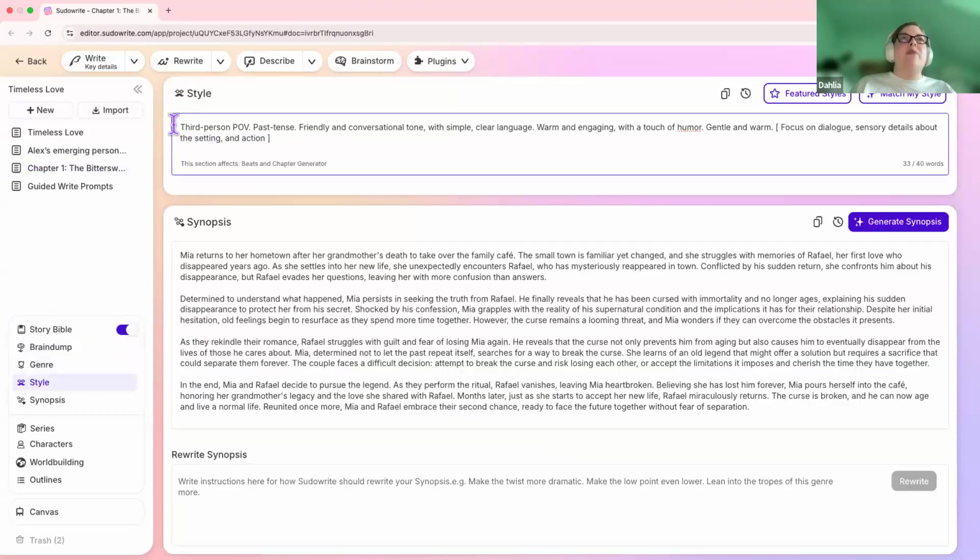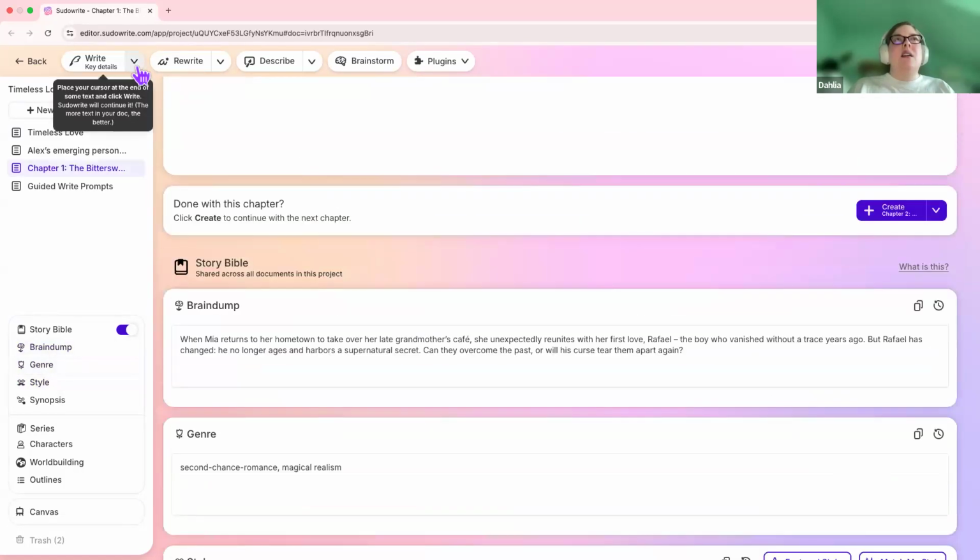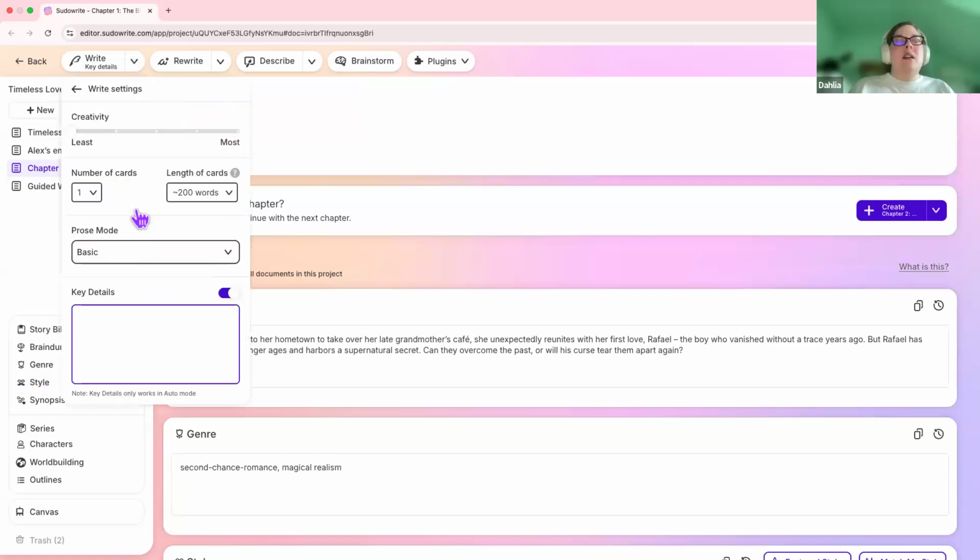So you could also put style information down here so that you can tell it what kind of prose you want to get out of it. I hope this answered the questions.